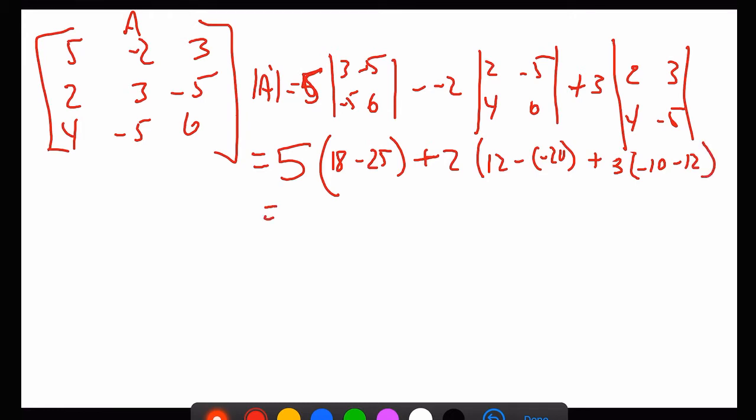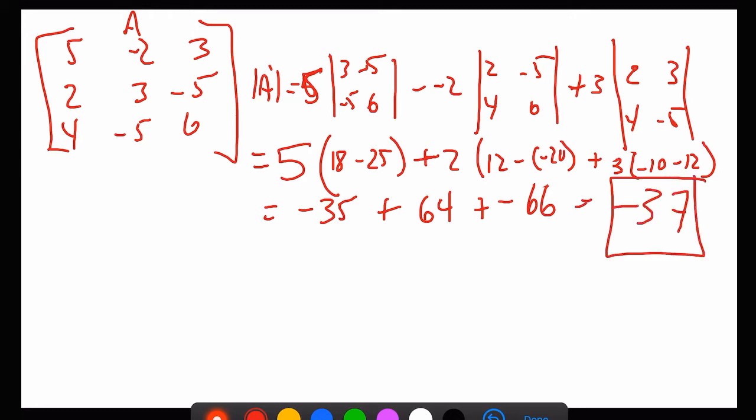So 5 times minus 7, that's minus 35, that's 64, and that's minus 66, is minus 37. So negative 37 is the determinant of A. All right, get that out of there.